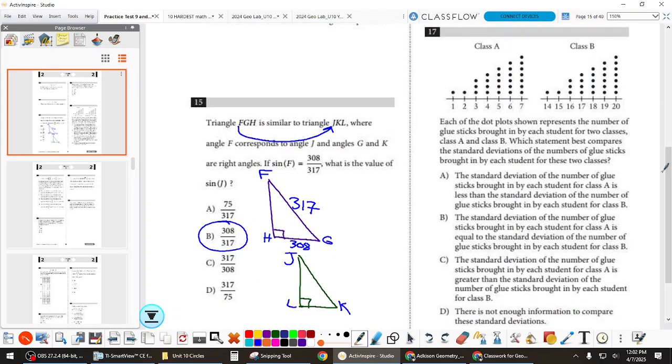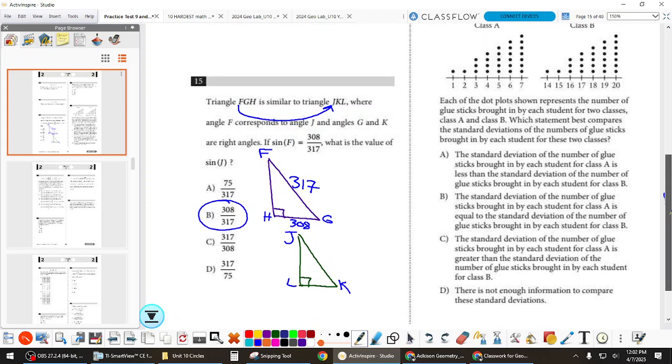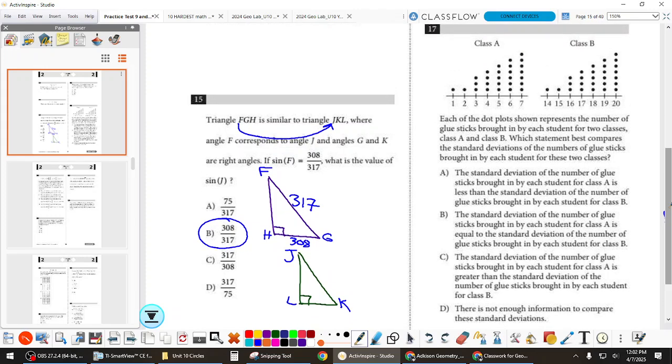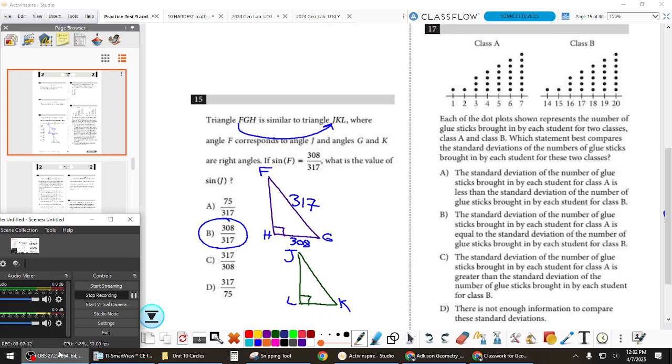Alright, look at number 17. Take a look at that one. It has a lot of reading, doesn't it? Yeah. Okay, how long do you have for each question, roughly? Like if you average it out. So there's 25 minutes to the whole test, I think. No. I don't know. Well, I think it's about a minute and a half, or just under a minute and a half, per question if you averaged it out.